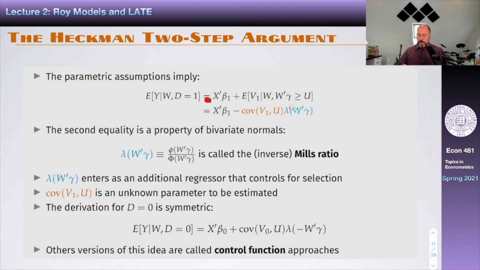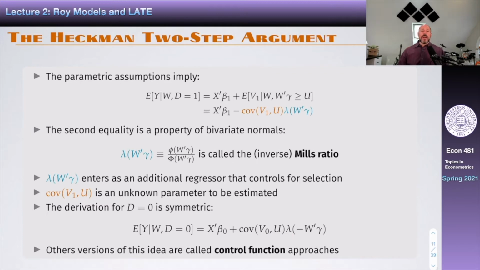The covariance of B1 and U is unknown, and it becomes a parameter you recover as the slope of running a regression of y on x and lambda. You can do the same for d equal to 0. You work it out and get this expression where instead of a minus, you have a plus, and you have the covariance of b0 and u instead of the covariance of b1 and u. And then the Mills ratio is at the negative index as opposed to at the index.